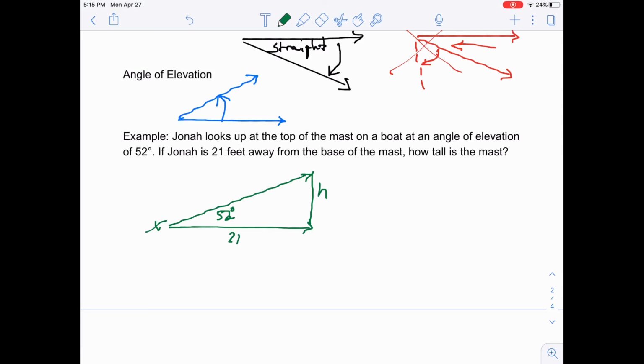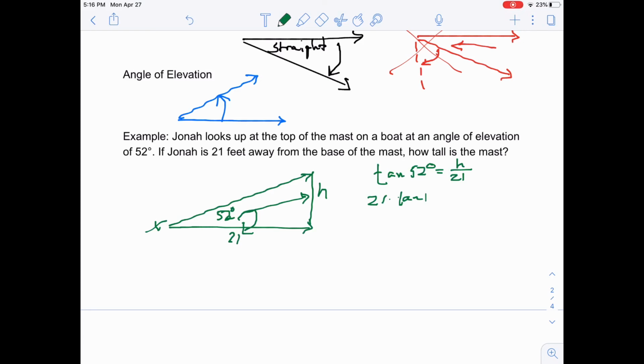To set up the trig function here, we're looking at the opposite side from the angle and the adjacent side, so that's the one next to it. Opposite and adjacent gives us the tangent function. So tangent of 52 degrees is going to equal that opposite side over the adjacent, multiplied by 21 to get the 21 out of the denominator.